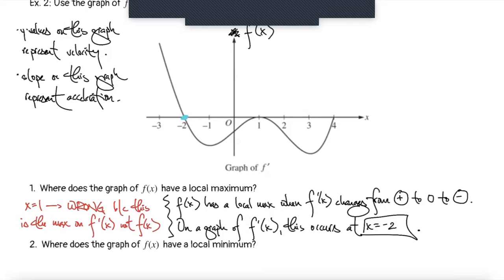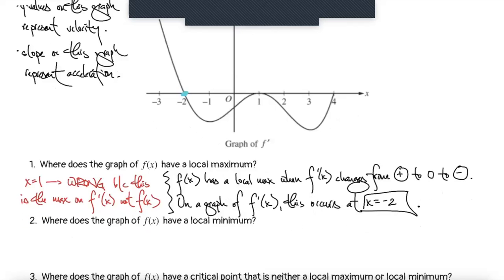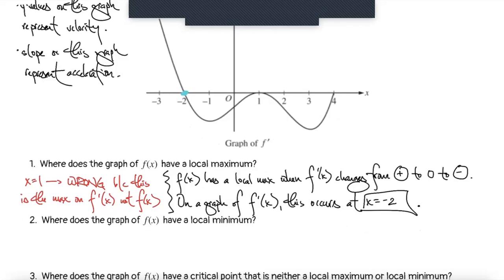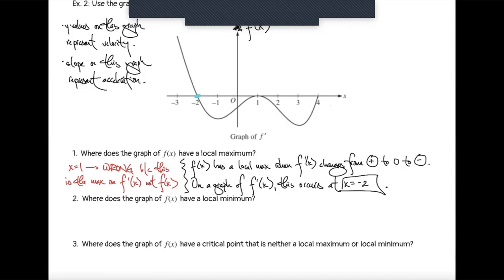So where I'd like to finish today is that we're going to modify what we have to answer example 2 or question 2. Okay. So where does the graph of f of x have a local minimum? Can someone tell me what I should write in red that would be the wrong answer? -1 and 3, that's wrong.